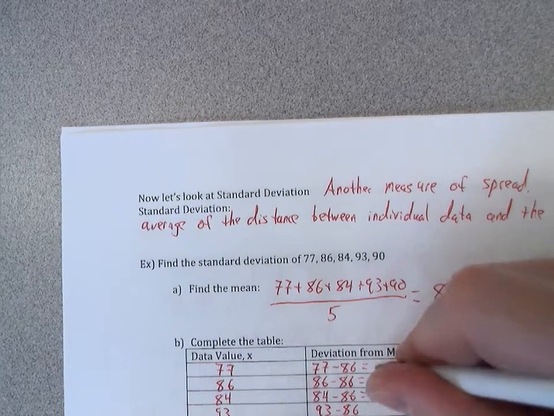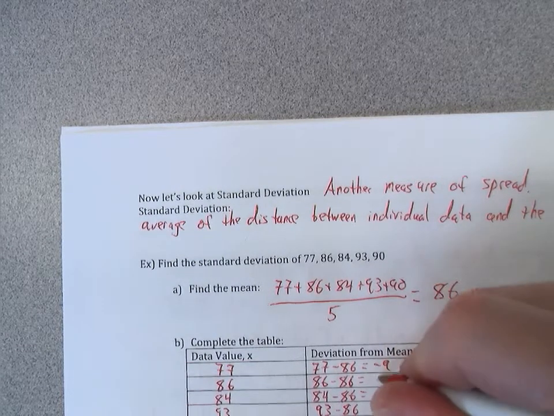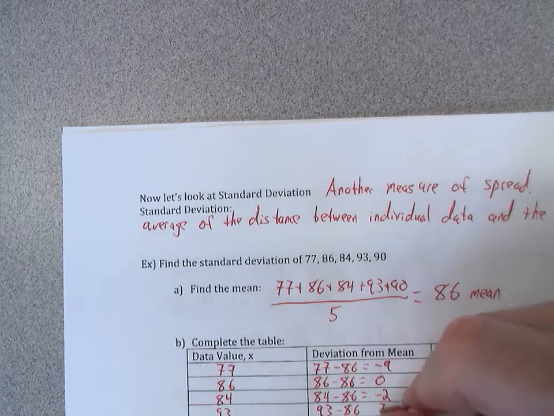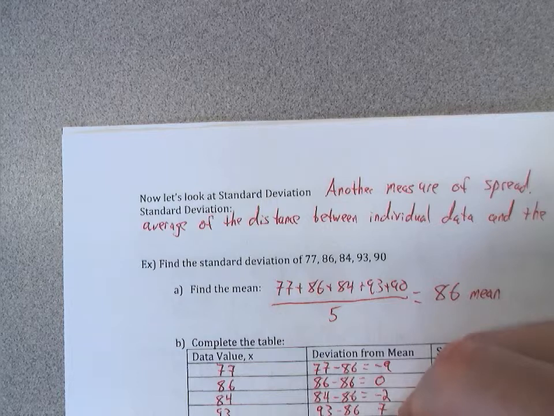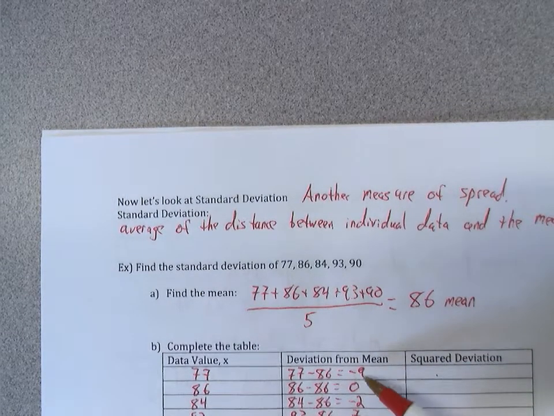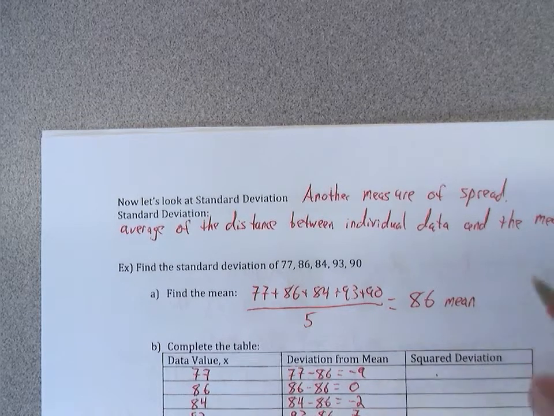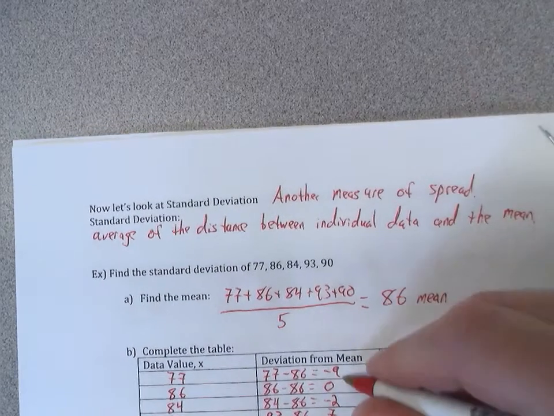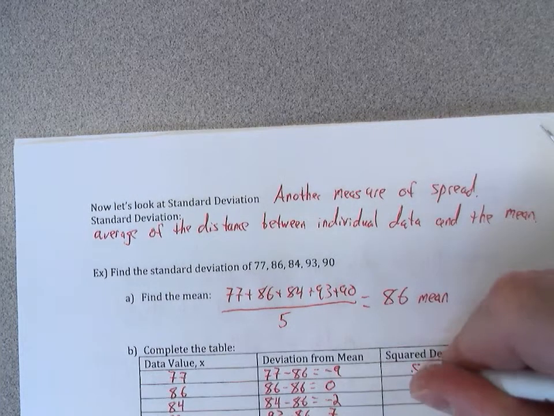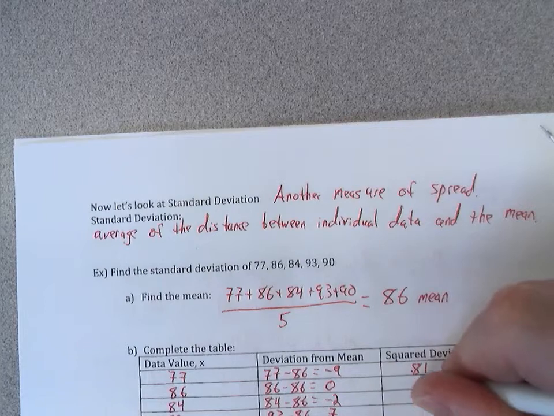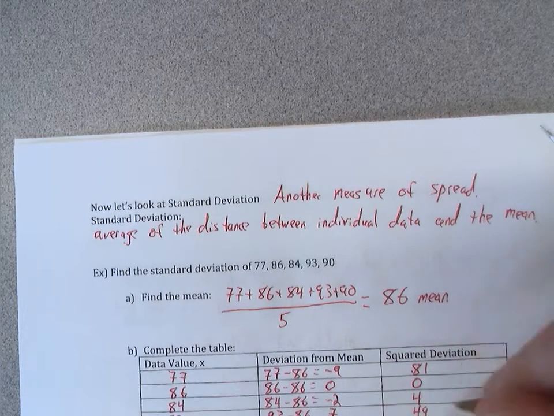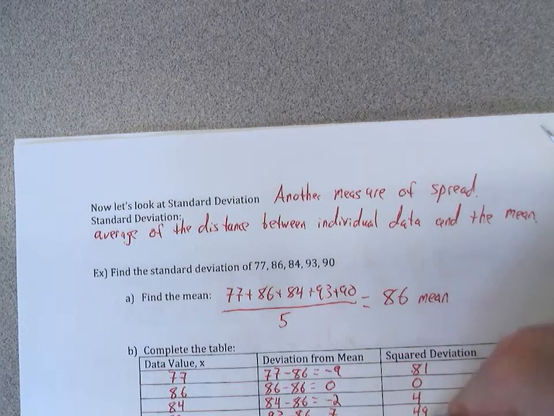And you can see here we get -9, 0, -2, 7, and 4. These are the deviations, then we take each of these deviations and we square them. By squaring them, it won't matter if they're positive or negative. So -9 squared is 81. 0 squared is 0, -2 squared is 4, 7 squared is 49, 4 squared is 16.